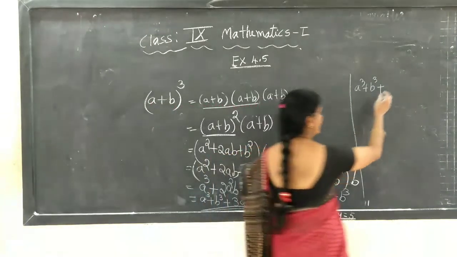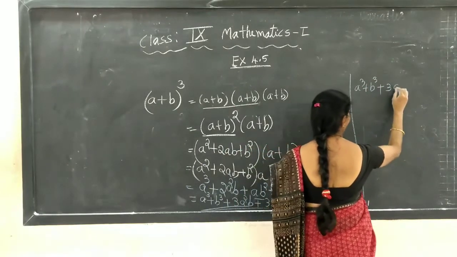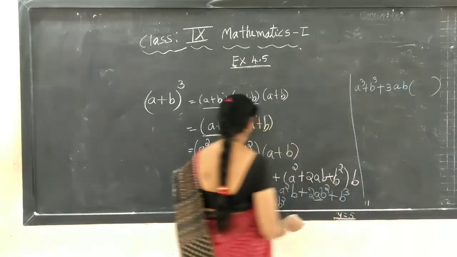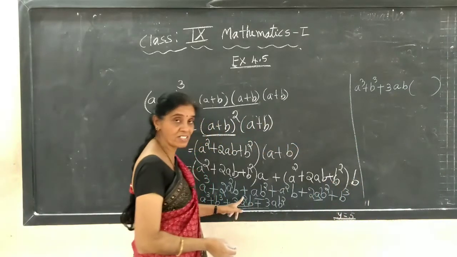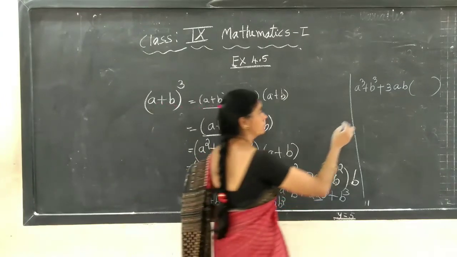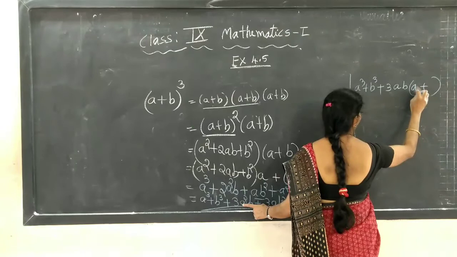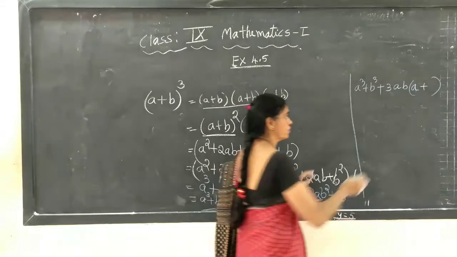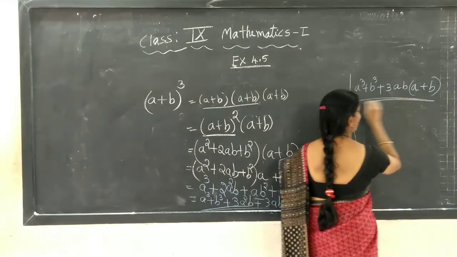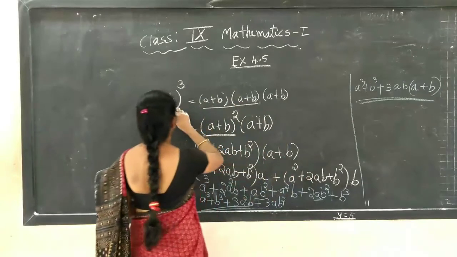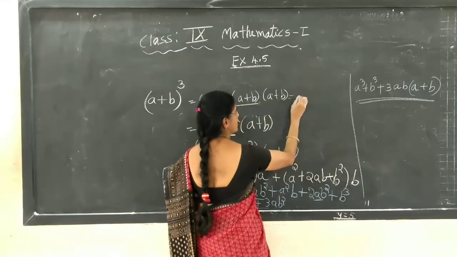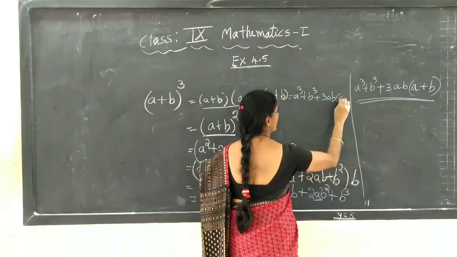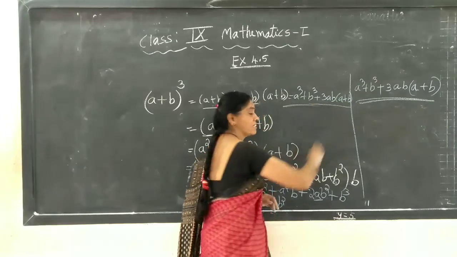So I will keep 3ab outside as the common factor, but here a square is there, so 1a is left out, so it is a plus b that is left. 3 I wrote, a I wrote, b I wrote, and 1b is left out. This is the identity we have to remember. So a plus b whole cube is a cube plus b cube plus 3ab into a plus b. You try to remember this formula, children.